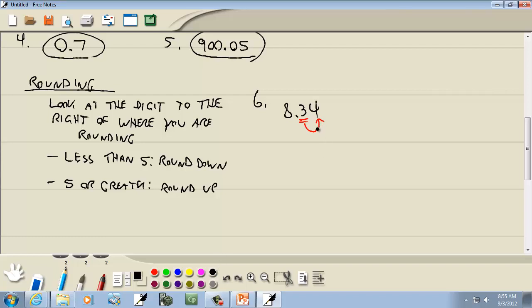And in this case, it's less than 5, so that means we round down. And what that means is the 3 remains a 3, and everything to the right of it becomes zeros. So that 4 becomes a 0. Now, whenever you have a decimal and you have zeros at the end, you can just drop them. So our answer would be 8.3.